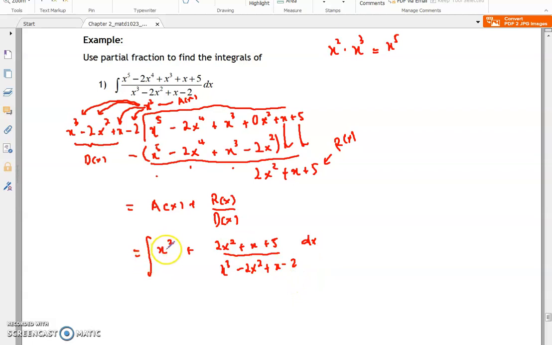The integration of x squared should be easy for you, but to simplify this part we are going to deal with what we call partial fractions. I want you to try it on your own. We are going to discuss how to solve this part in our Telegram.